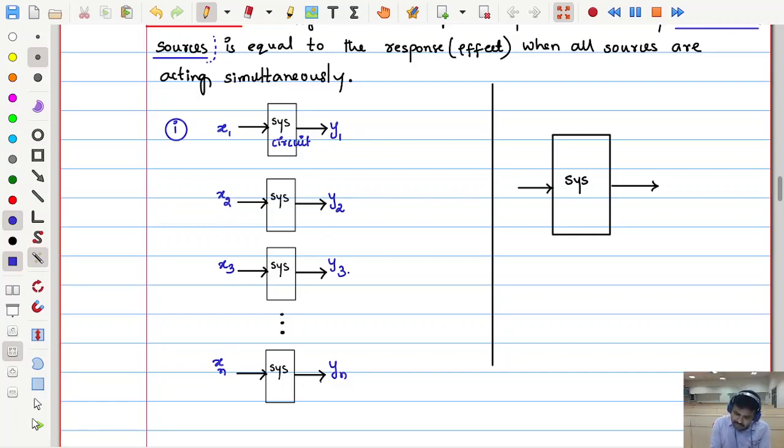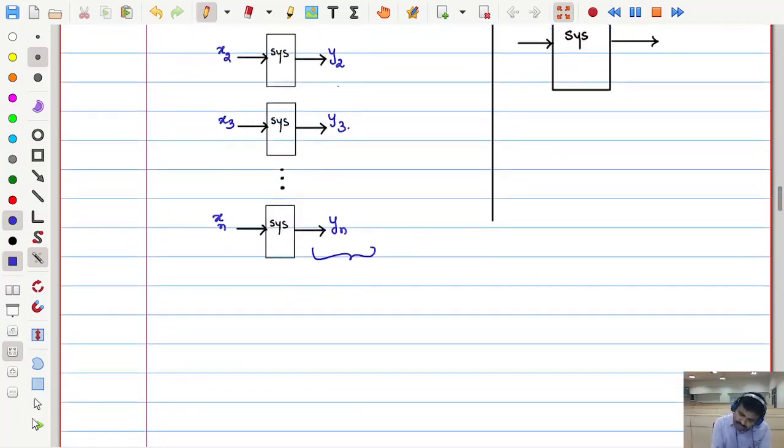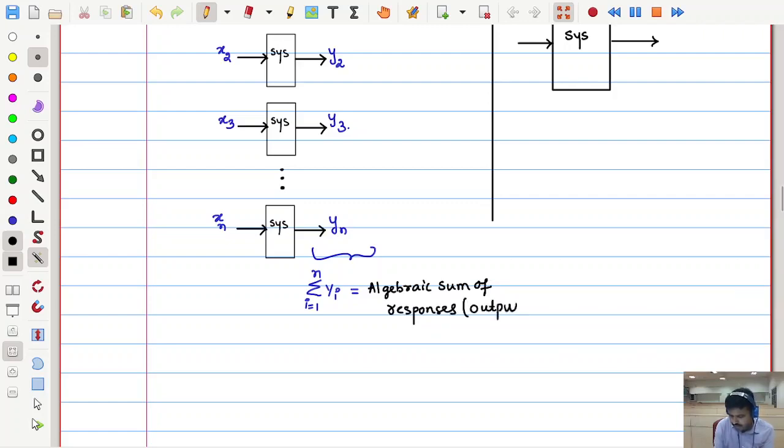Clear? Now, if I add up all these outputs, that is the algebraic sum of the responses. This summation of Yi, where i is equal to 1 to n, is the algebraic sum of responses, meaning outputs. How did we get these outputs?